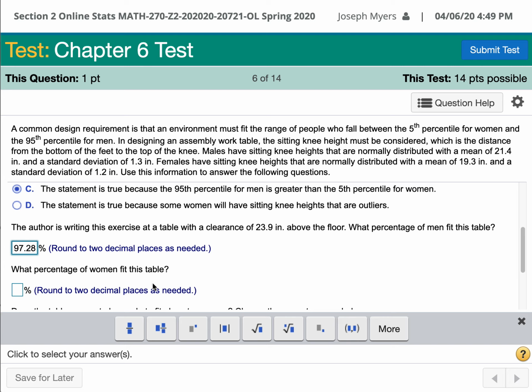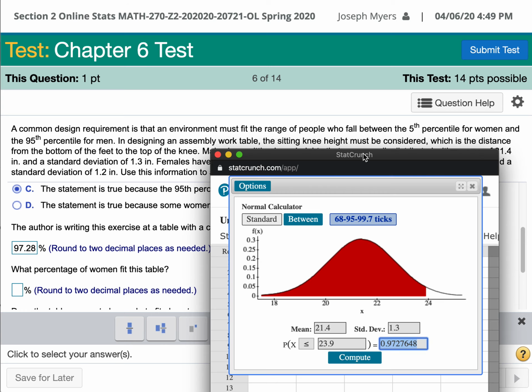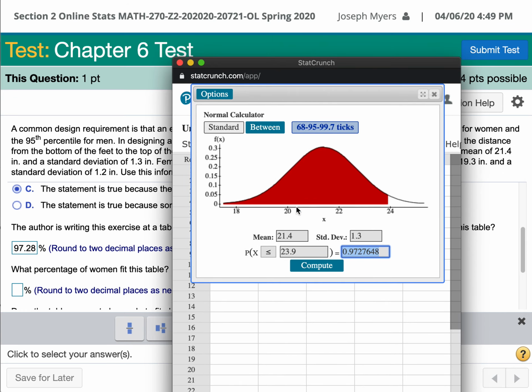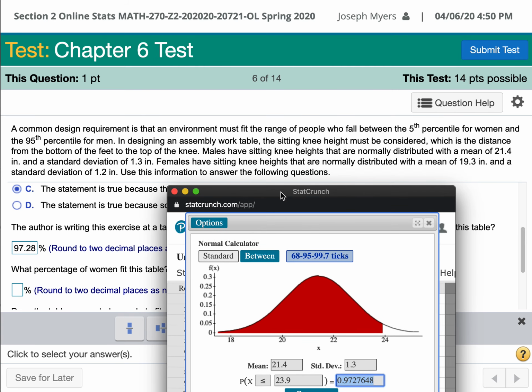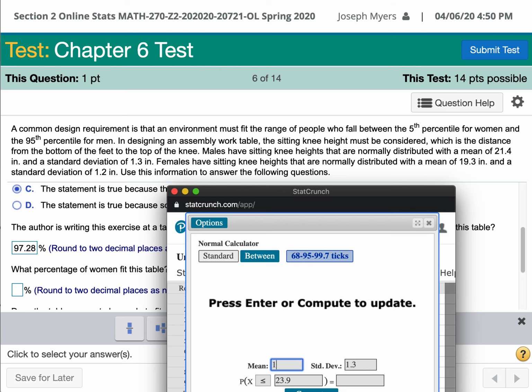And then what percent of women fit this table? This is still talking about the table with the clearance of 23.9, but women have a different standard deviation. It says females have knee heights that have a mean of 19.3 and a standard deviation of 1.2.